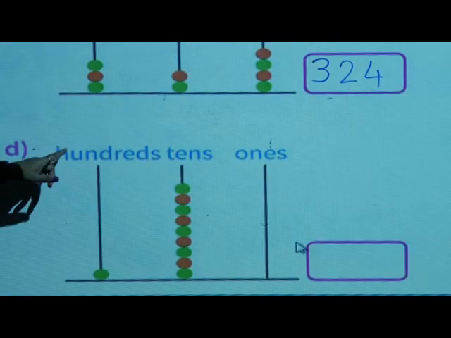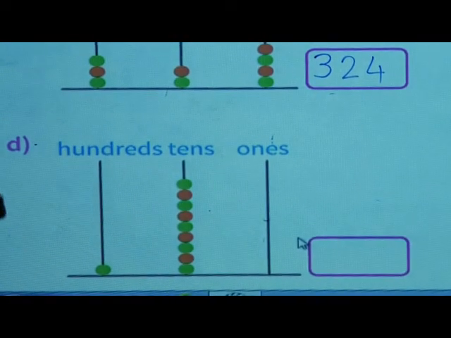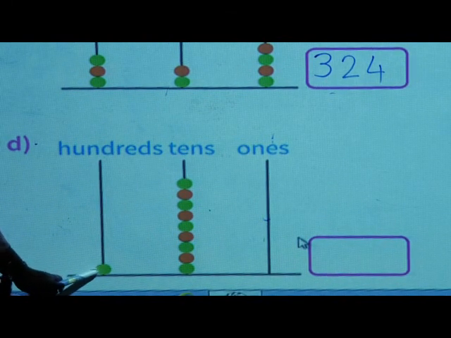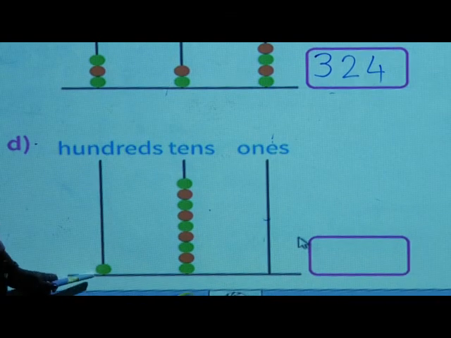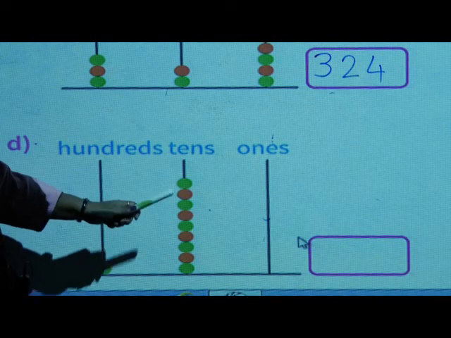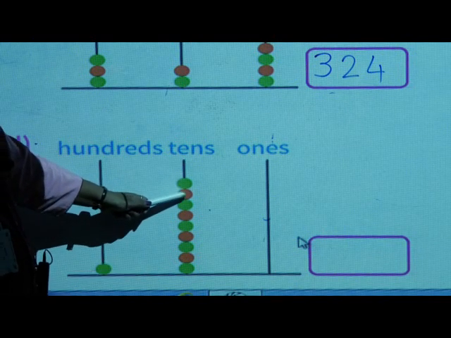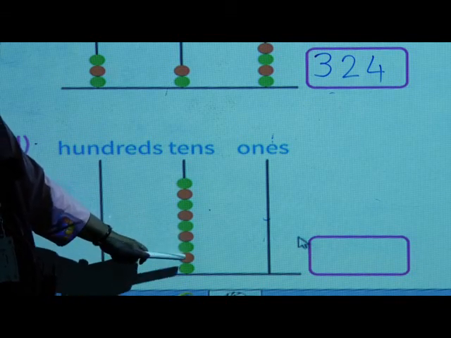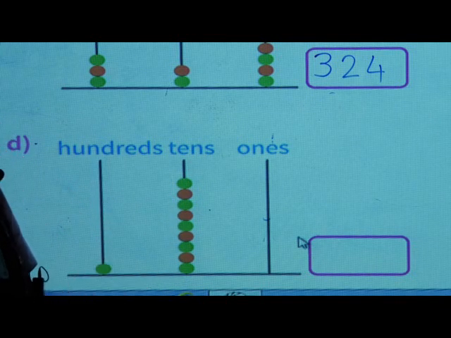Now next, come on, count here the hundreds. In the hundreds column how many beads are there? Yes, 1 bead is there. In the tens column how many beads are there? Come on, count, children. 1, 2, 3, 4, 5, 6, 7, 8, 9. How many? 8?